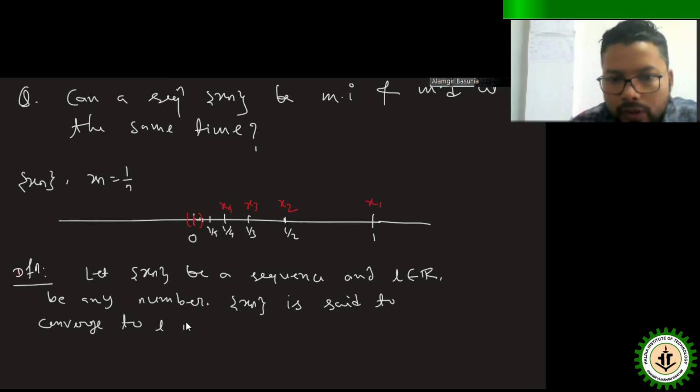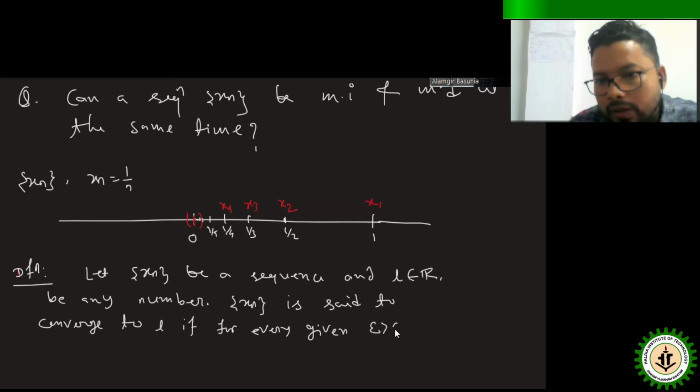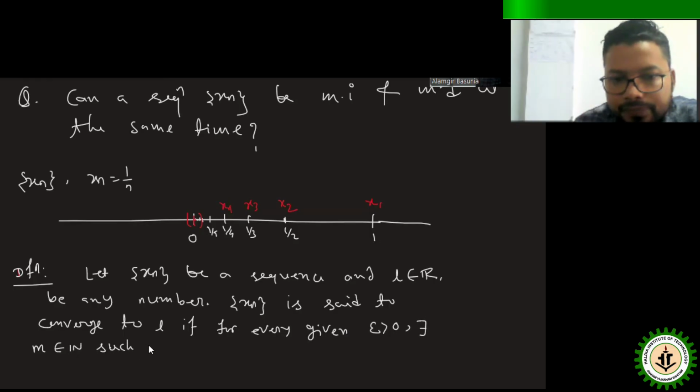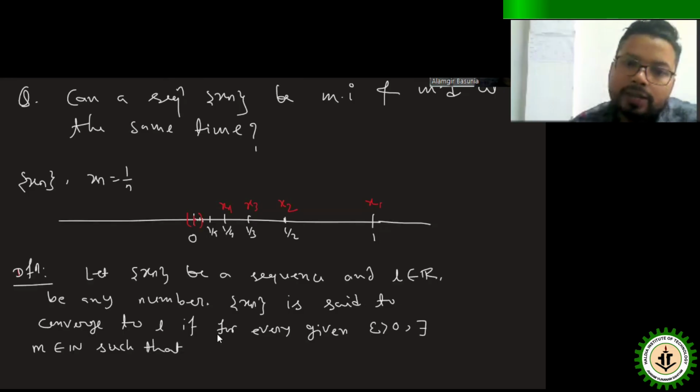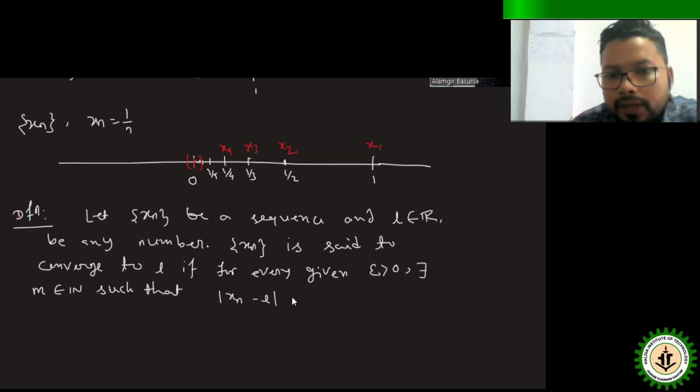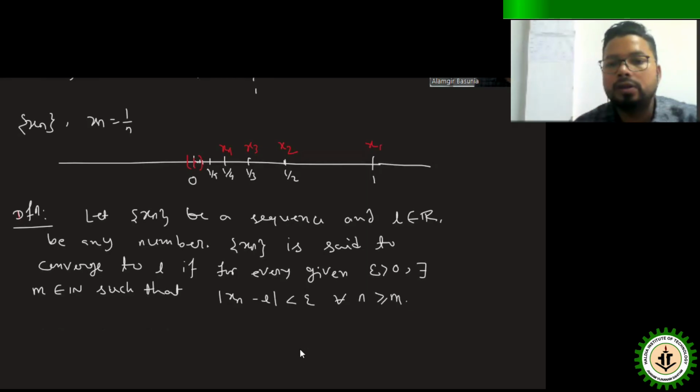if for every given epsilon greater than 0, there exists a natural number M belonging to the set of natural numbers such that this condition holds: modulus of x_n minus L is less than epsilon for all n greater than or equal to M. Now, what does it mean?